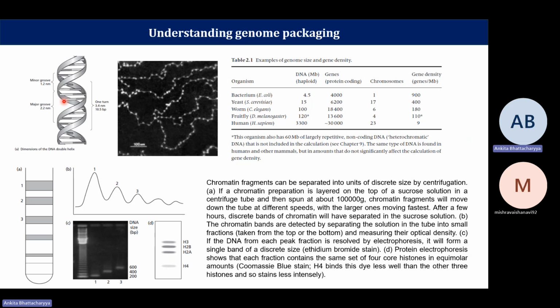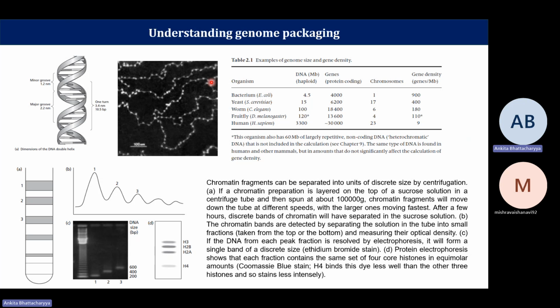Again, between 10 to 11 base pairs can be accommodated. So overall, this is the linear structure of DNA on the left. And after packaging, what is actually visible to the microscope is something like this on the right, which is the beads on a string structure.